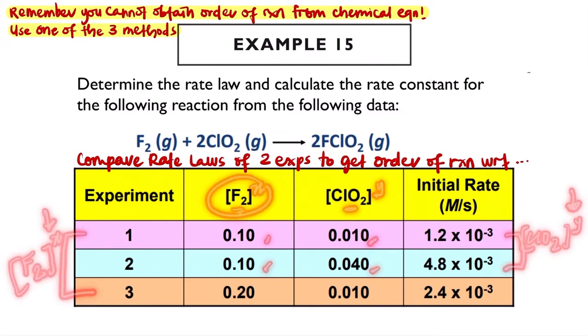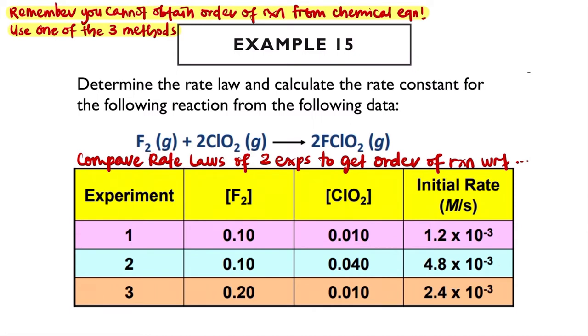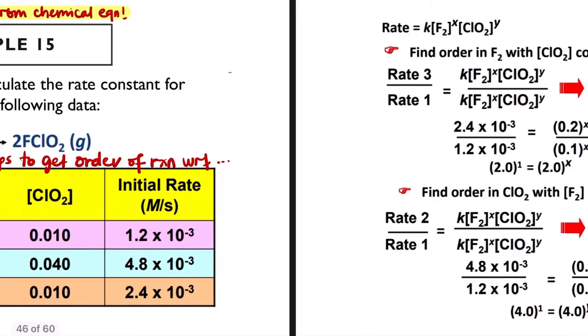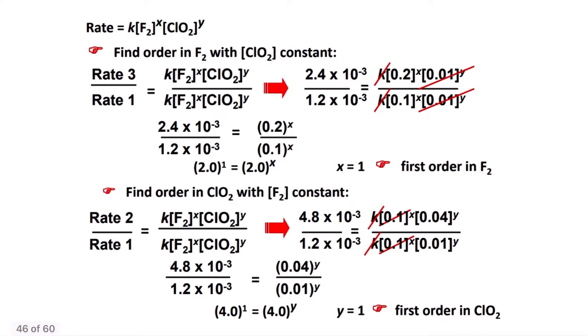Alright, now that we have chosen our experiments, we are going to start with finding X first, as I said just now. First, write your rate law. Generally, you still don't know what X and Y are. Then you find the order in F2 with the ClO2 concentration being constant.